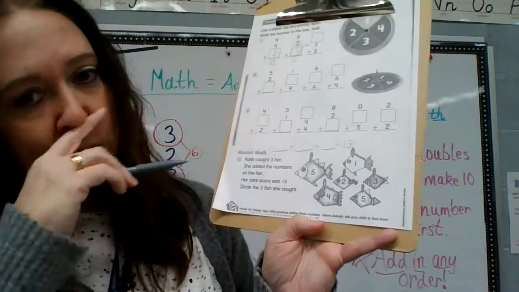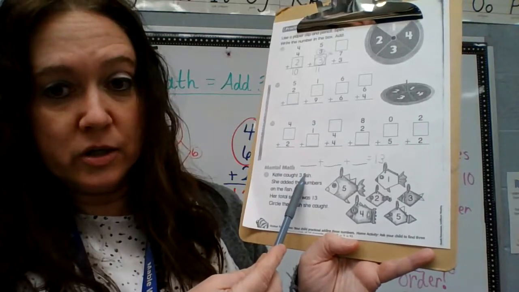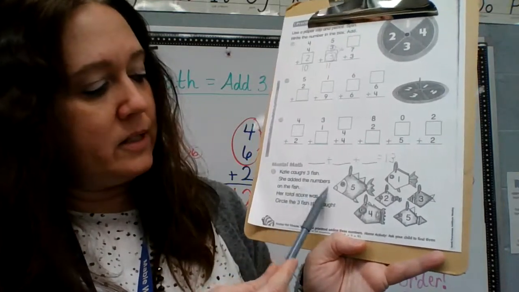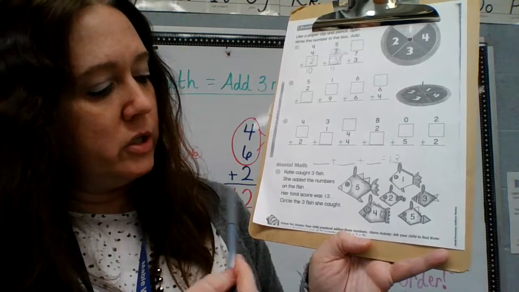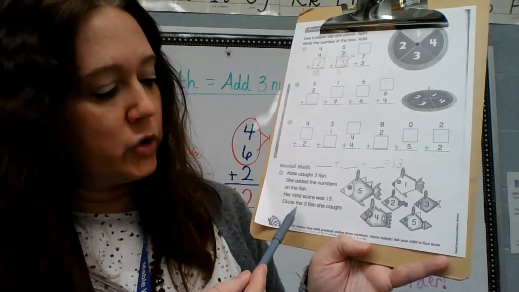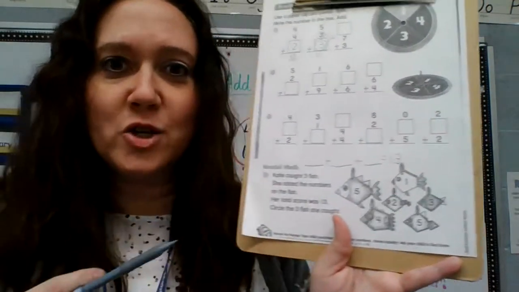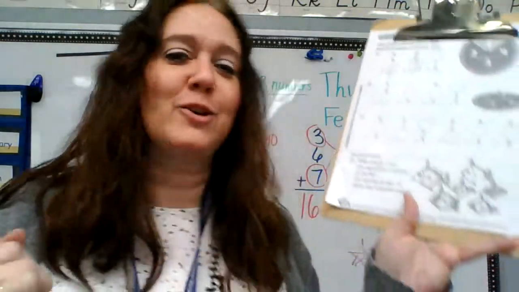Otherwise, I'm going to give you the answer. So Katie caught 3 fish. She added the numbers on the fish. Her total score was 13. Circle the 3 fish she caught. So what are the 3 fish? I wish I could hear you to see how many of you got this answer.